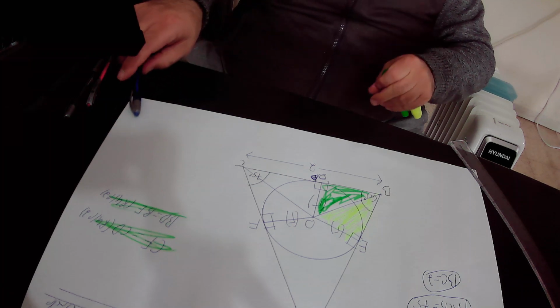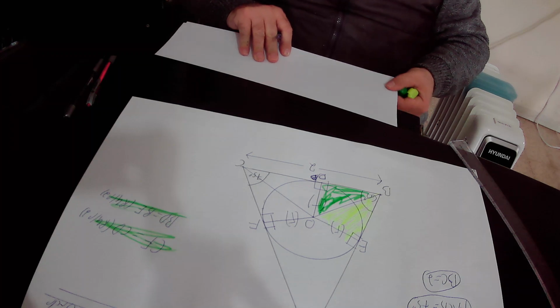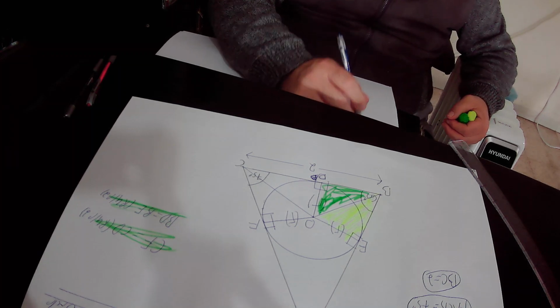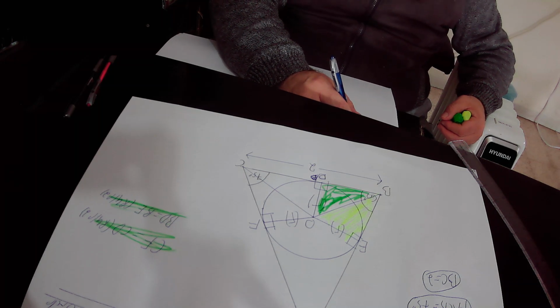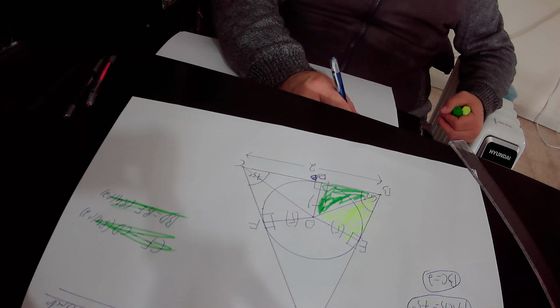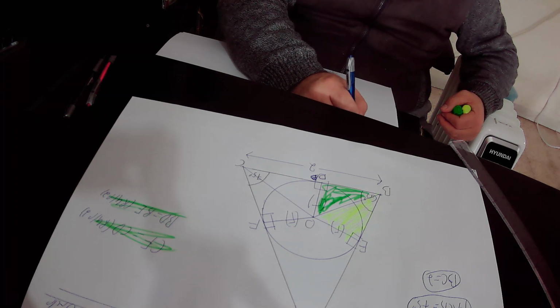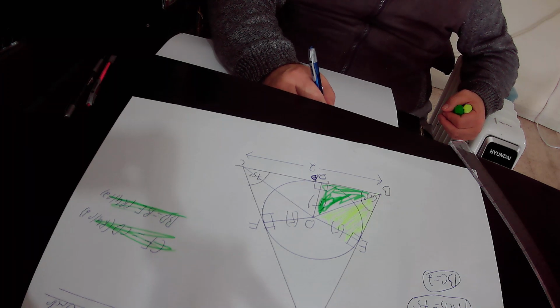So I write it down. We'll prove that the yellow right triangle is triangle EBO, and it is congruent to the green right triangle, triangle OBD.